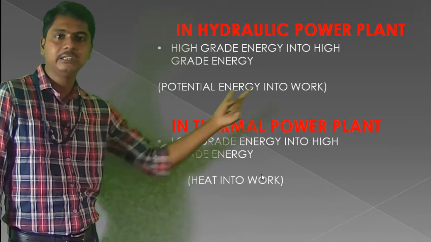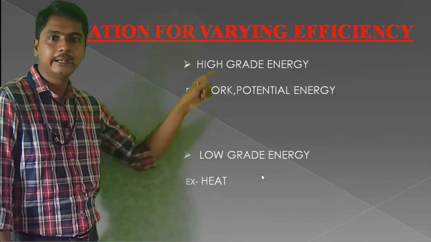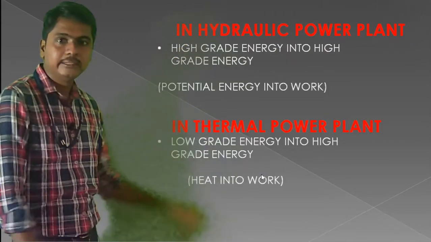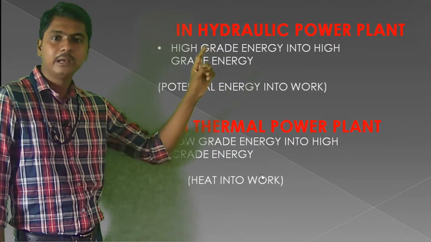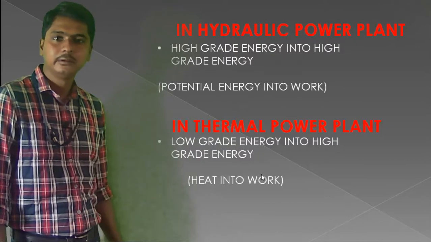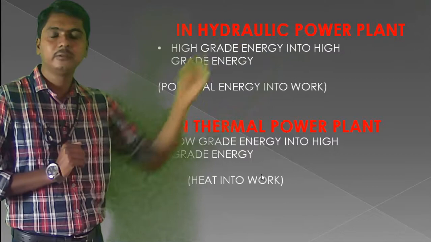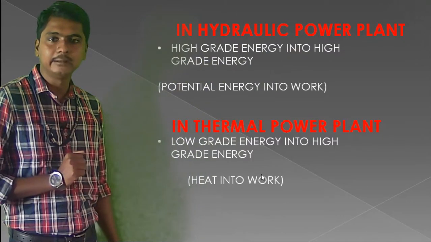Both the potential energy and the work come under high grade energy. So there is a conversion between high grade energy and high grade energy in a hydraulic power plant. As a result, we get a higher efficiency in the case of a hydraulic power plant.